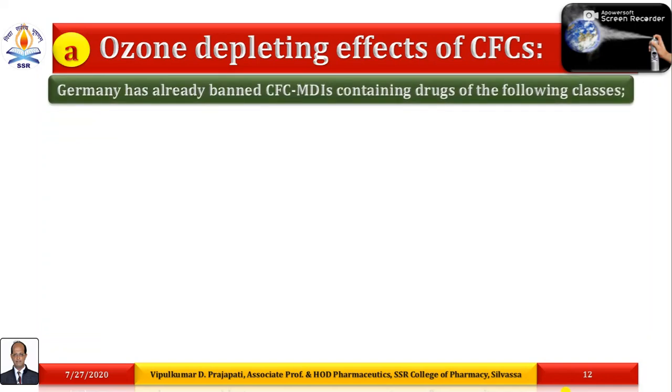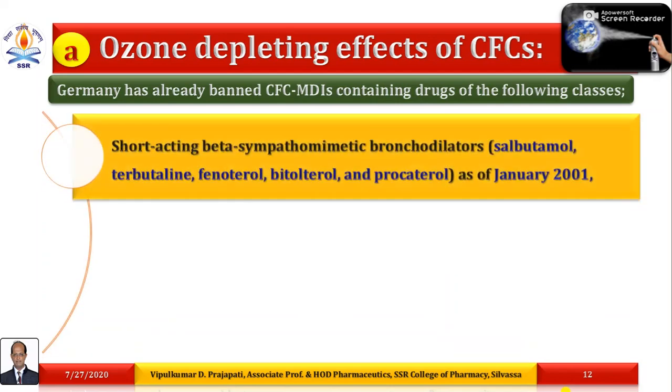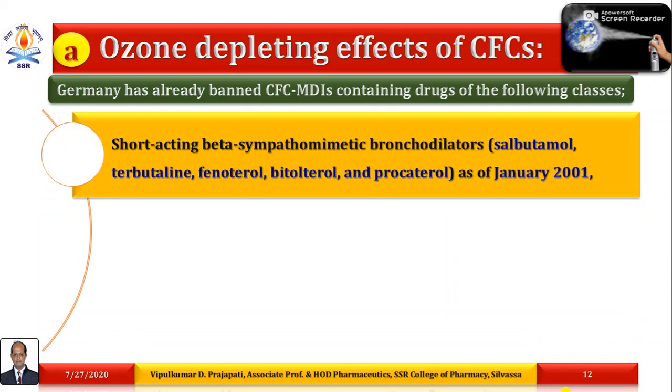Germany has already banned chlorofluorocarbon metered-dose inhaler containing drugs of the following classes: short-acting beta sympathomimetic bronchodilators, for example salbutamol, terbutaline, fenoterol, bitolterol, and procaterol as of January 2001.